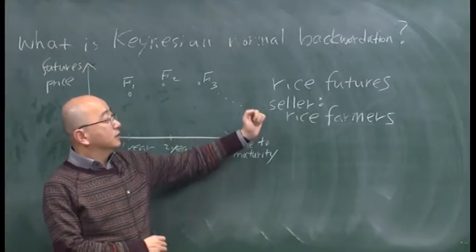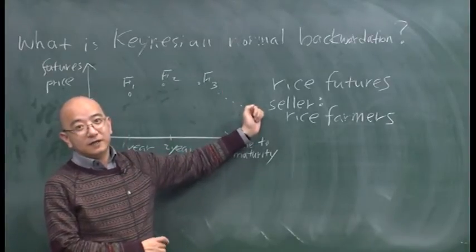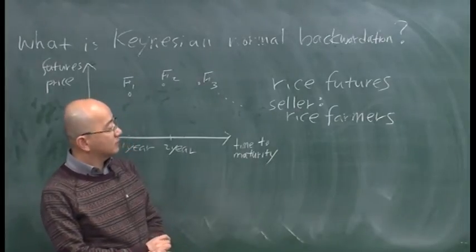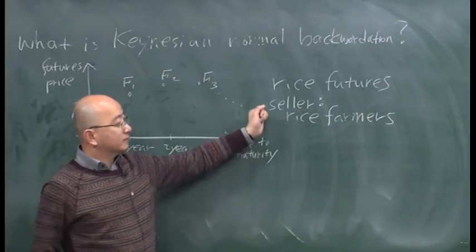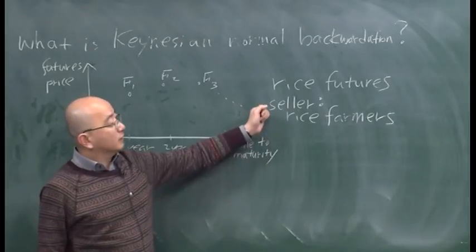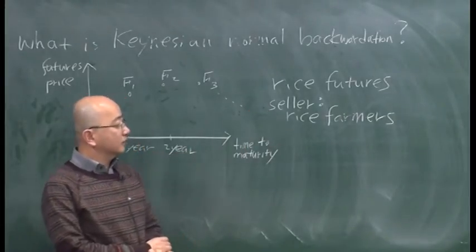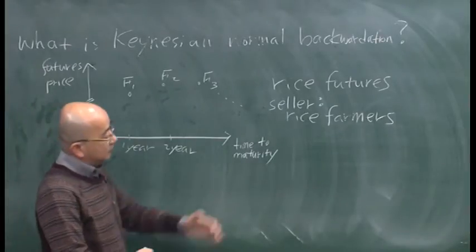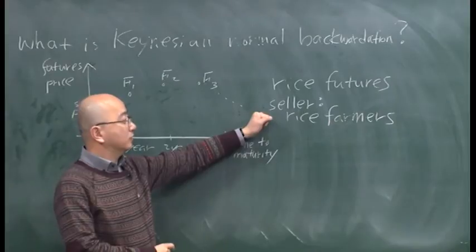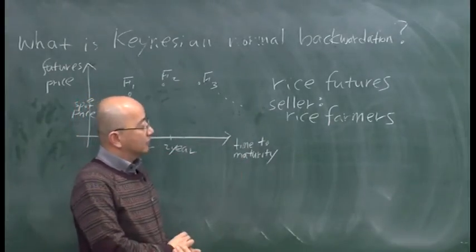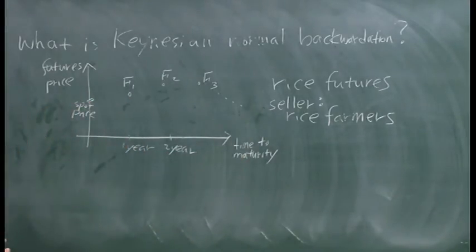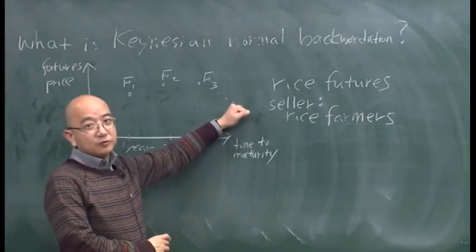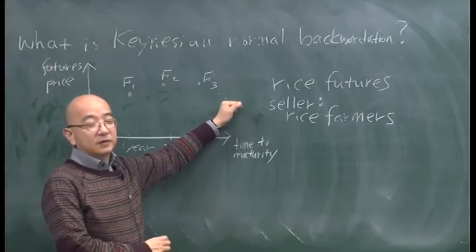So if they take a short position, if they take a sell position, if they agree to sell rice at a specified futures price, rice farmers can get rid of the risk to their income. So in the rice futures market, there will be many rice farmers who will want to get rid of their income risk. For rice farmers, getting into a futures contract is like buying insurance.